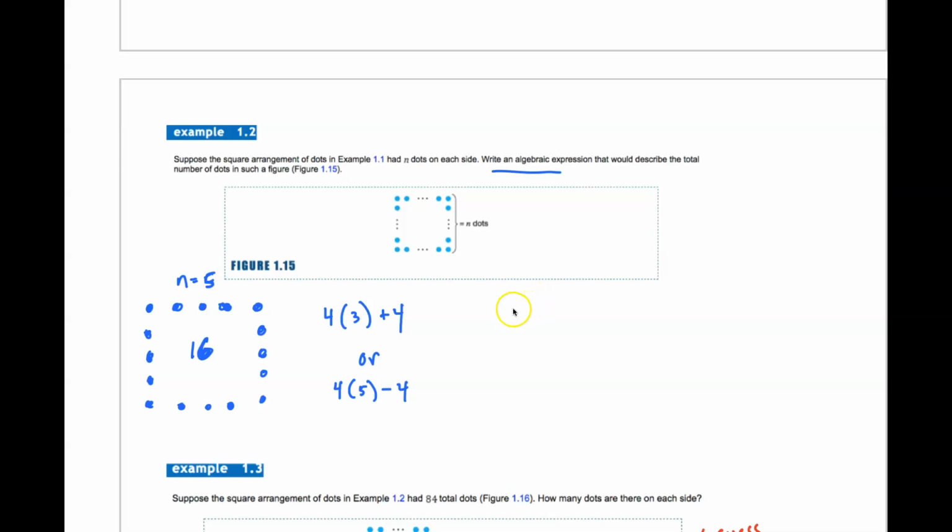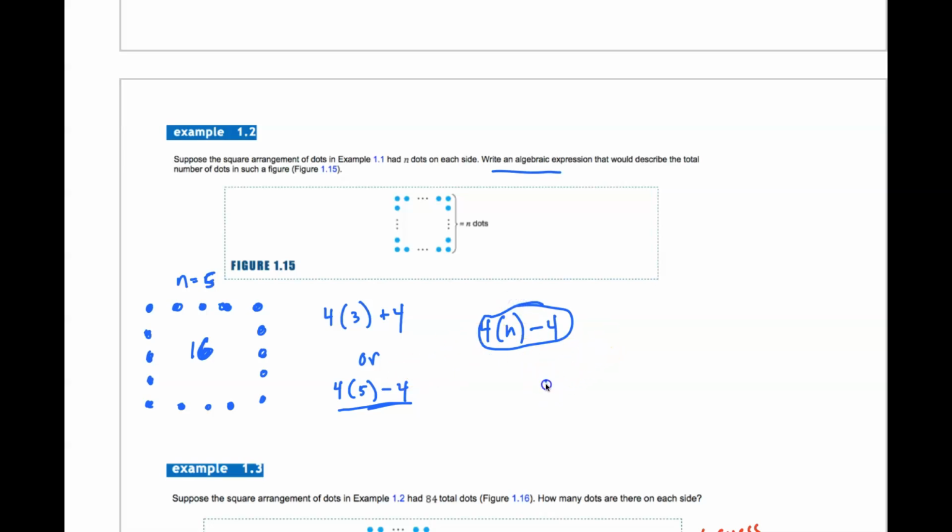Another way I see it, if there was 5 here, is your 4 times 5, and then you subtract the 4. There are 5 on each side, so it's 4 times how many on each side, and then you subtract the 4 corners, because you're double counting. So that's one way to come up with a formula.